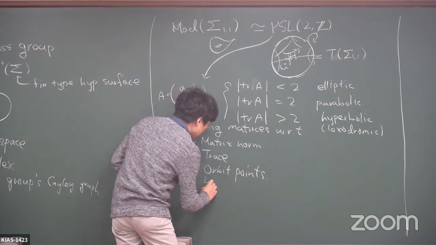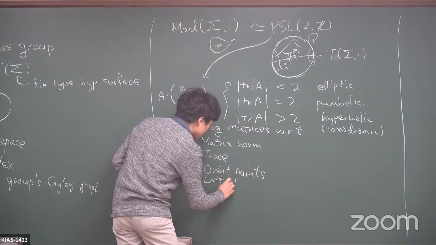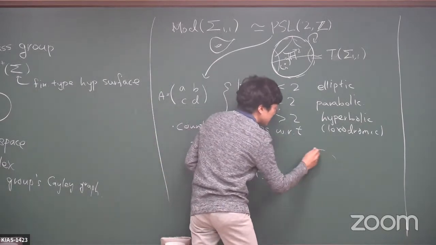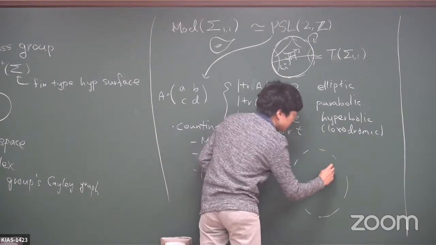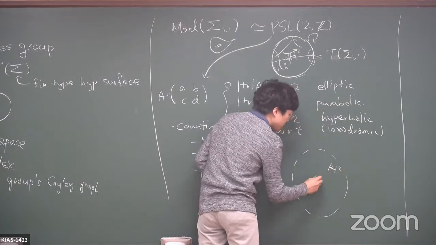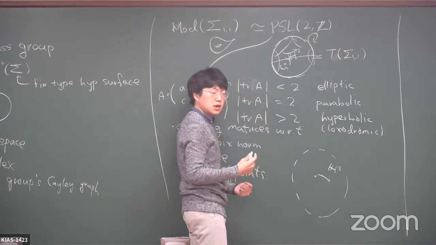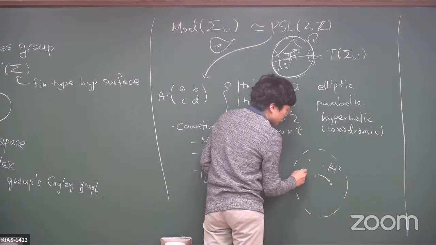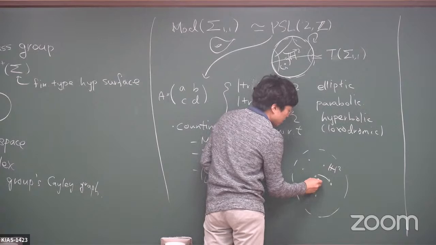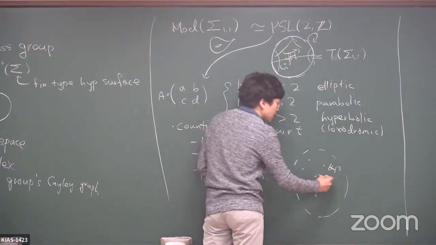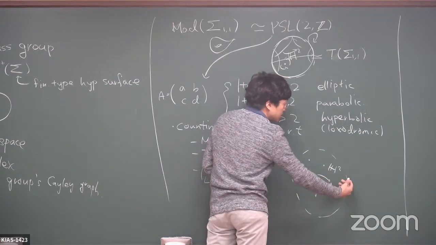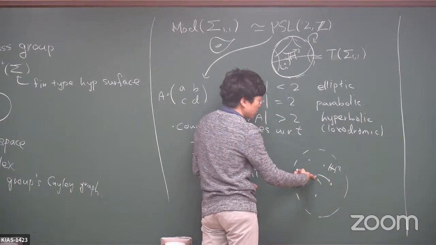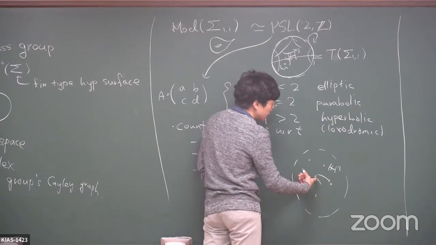So the third perspective is like this. You have an action on H2. If you want to sort out various matrices, then you see their action on a reference point, and some matrices will move it much farther than others, and some will just keep it unchanged.